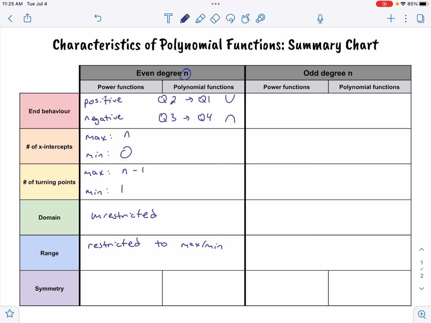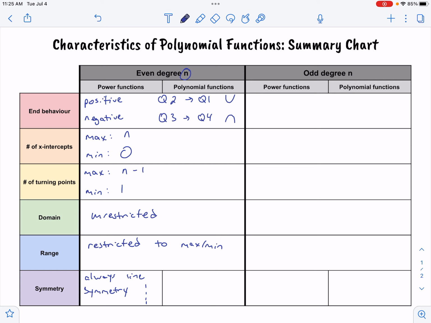There is some symmetry with our even degree functions. If you were dealing with a power function, okay, so that's the simplest form of your polynomial, there is always going to be line symmetry, which means that it's going to be symmetrical about a vertical line.